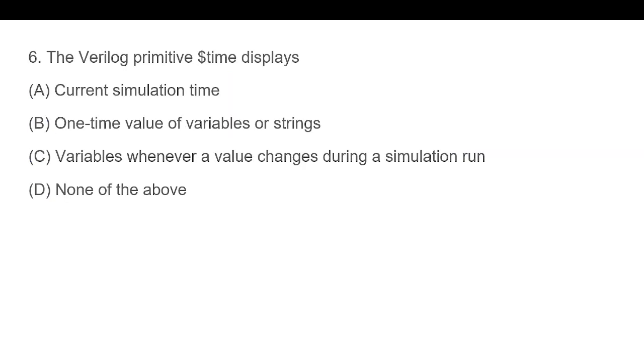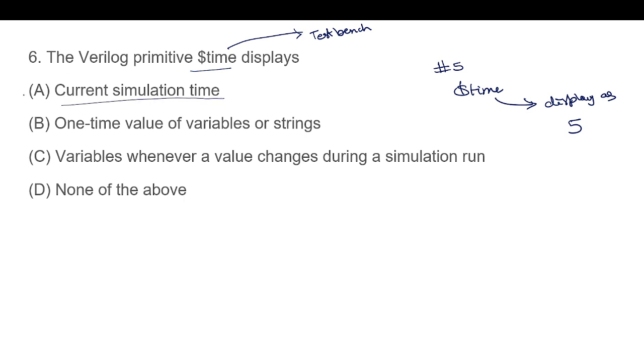Now in the Verilog code, this is used in the test bench. If you are using, say, a delay of 5 and then you display with $time, you will see the output displayed as 5. So $time is used to display the current simulation time.